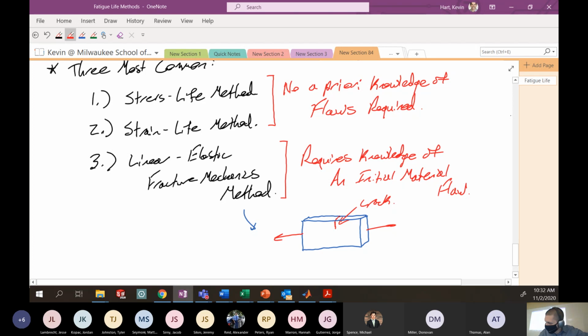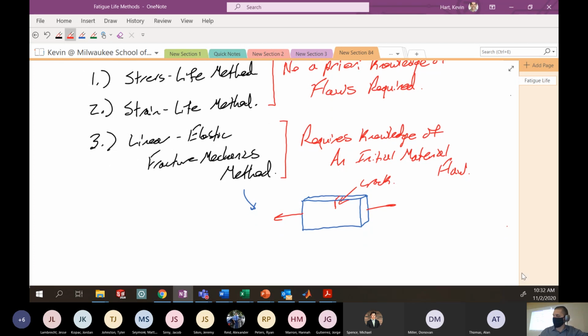So if you go to graduate school and you study mechanics, you will look at fracture mechanics theory in much more detail. But fracture mechanics is quite complicated. So for that reason, we're not really going to dive in on the linear elastic fracture mechanics method. I just want to throw it out there so that you know that it exists.